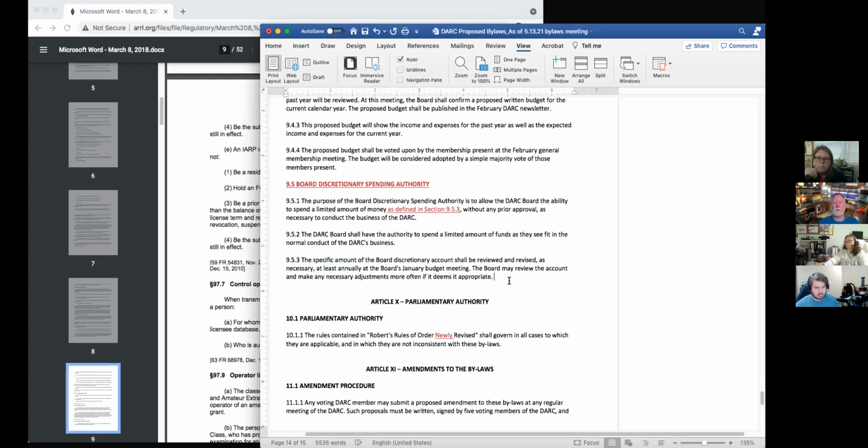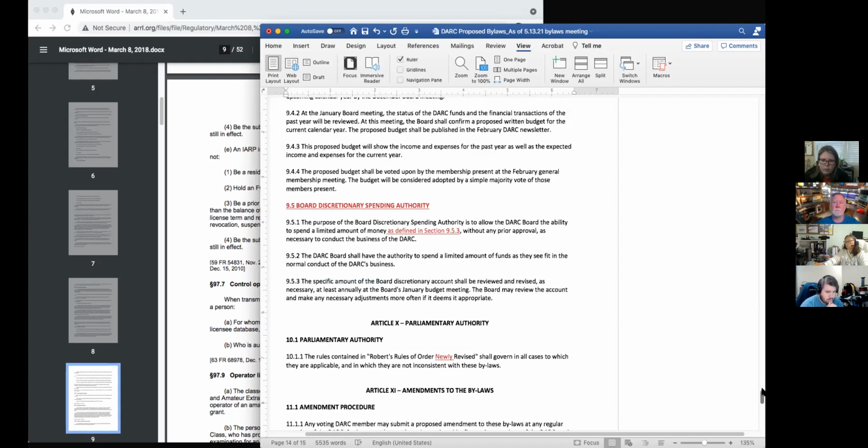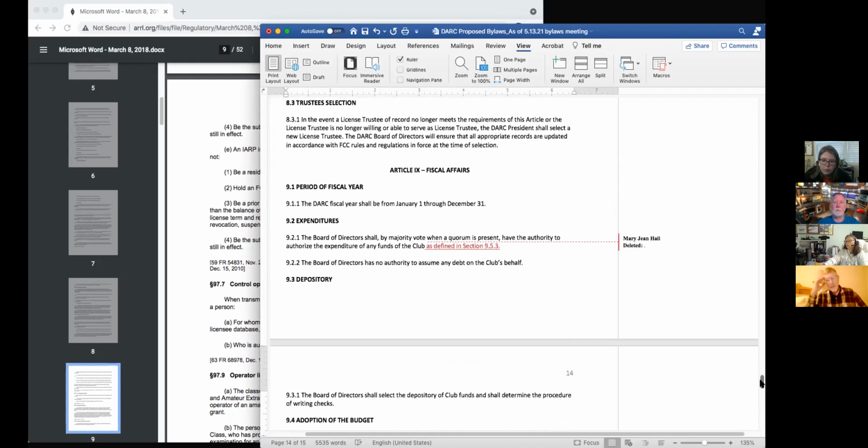Oh, y'all are looking at it more as discretionary, but the one up there before gives us the authority to spend what's in the budget, the way I read it. So 9.2.1, because if somewhere in there we don't have the authority to spend money, then we can't even spend money.